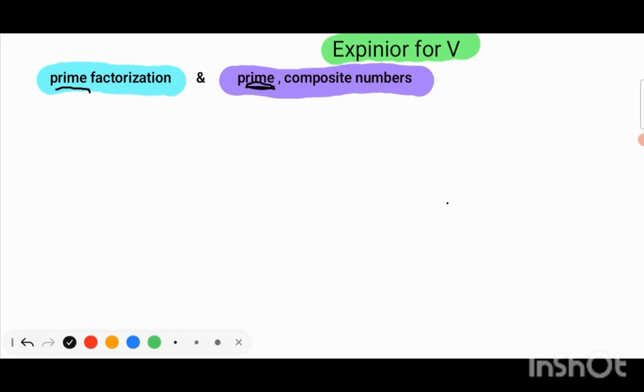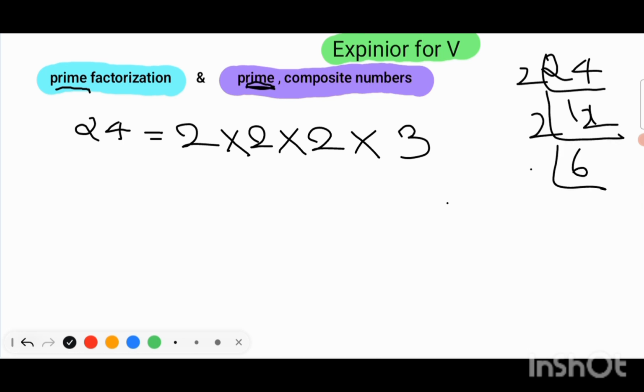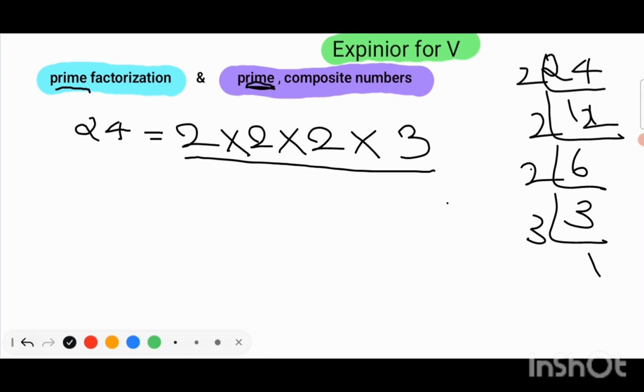So we write the prime factorization of 24 as 2 into 2 into 2 into 3. When you multiply them again, 2 into 2 is 4, 4 into 2 is 8, 8 3s are 24, so we get 24.